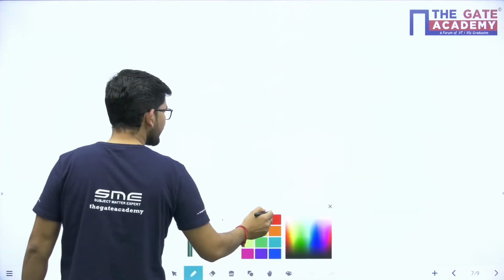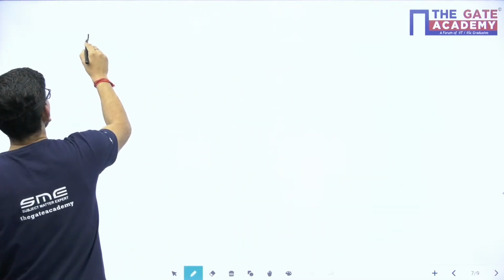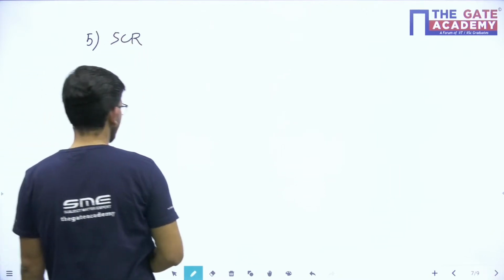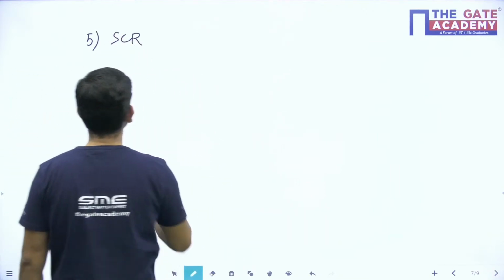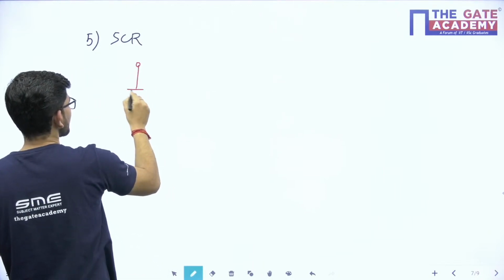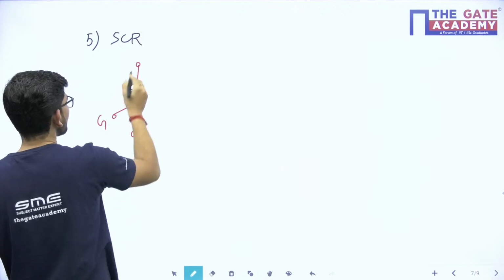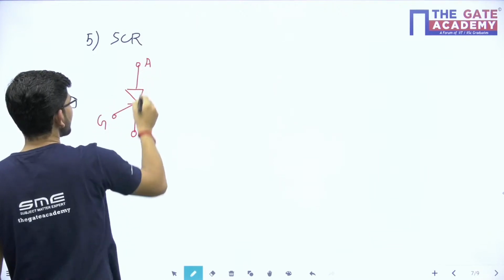Next switch that we have is SCR, silicon controlled rectifier, and the circuit symbol of SCR is somewhat like this. We have a control terminal gate, anode and cathode.